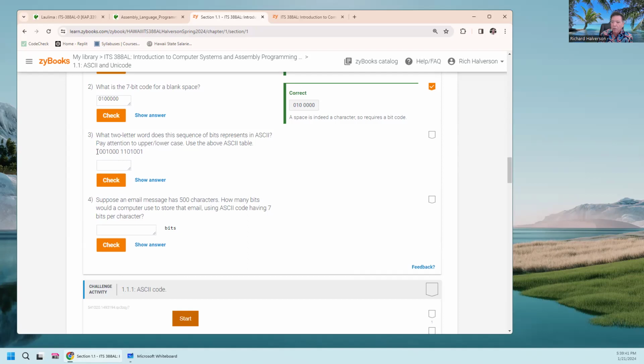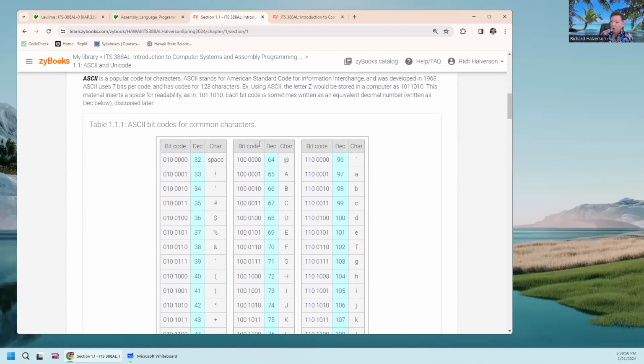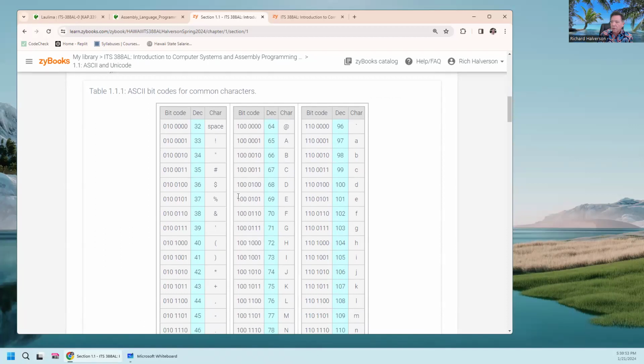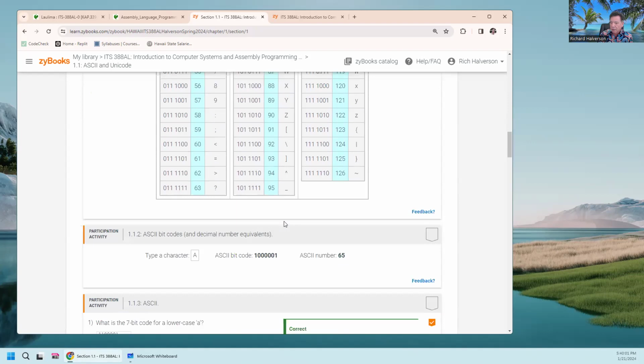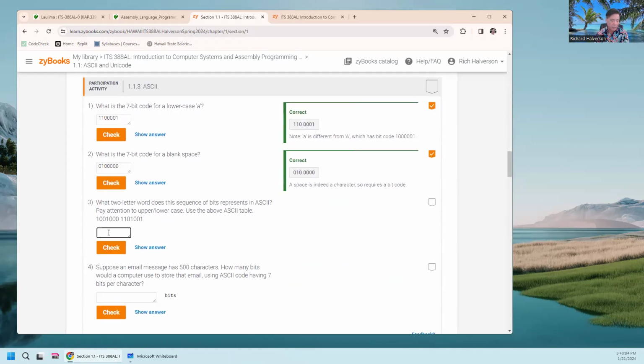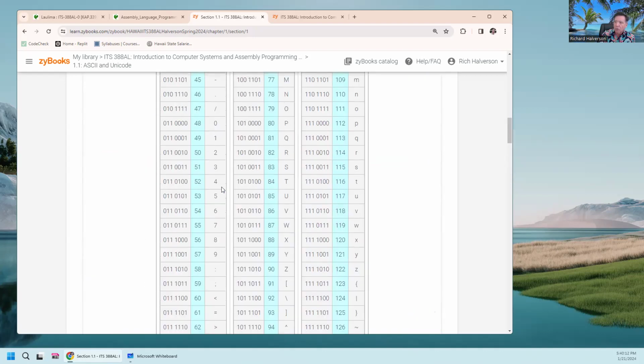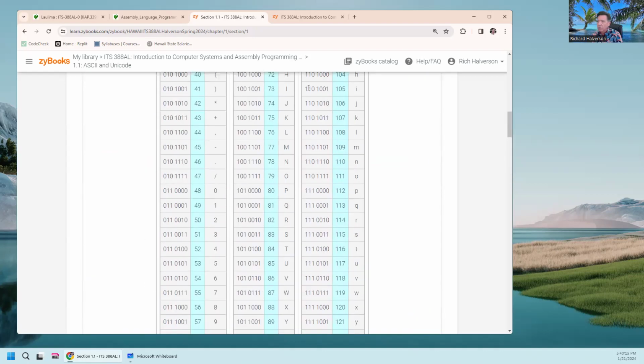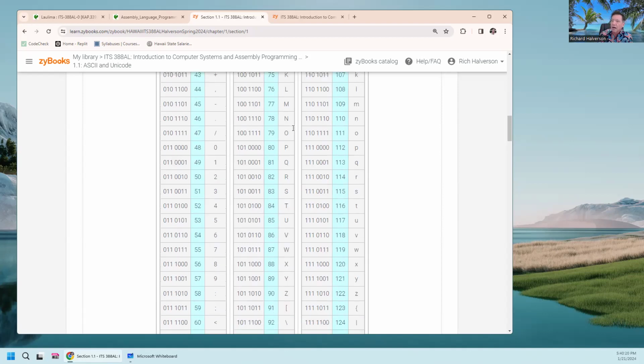Okay, so this one is 1001000, and that's an H, a capital H. And then 1101001, which is a lowercase i.